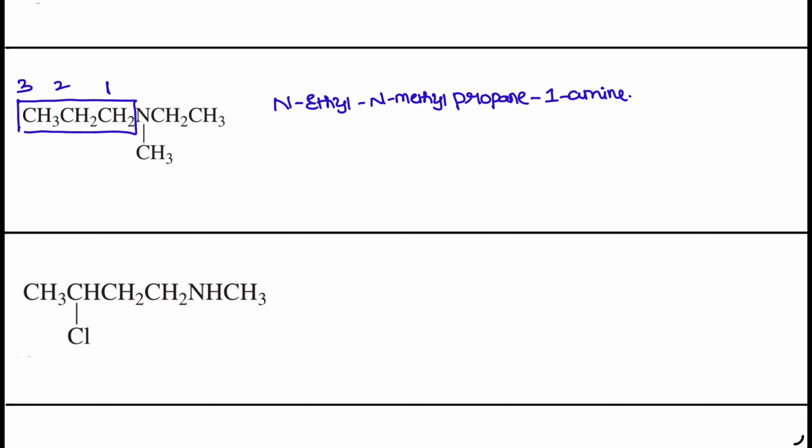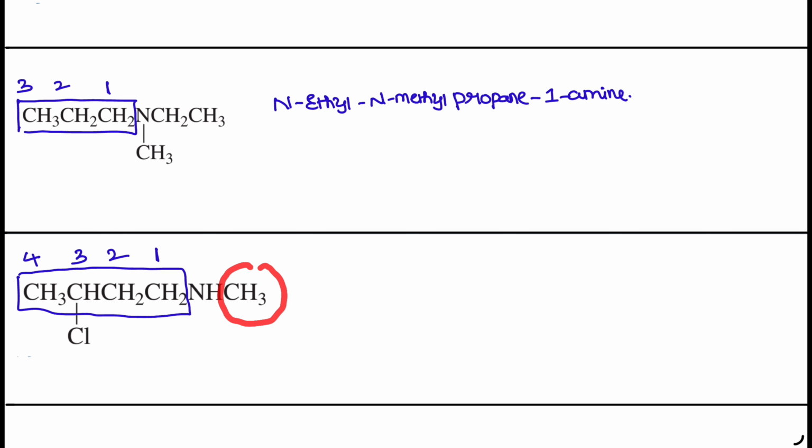And this is a secondary amine. So here this is a methyl group, 1 carbon, and here this is with 4 carbons. So obviously this is the longest chain. Functional group carbon should get the priority. And in this case, we have two prefixes.